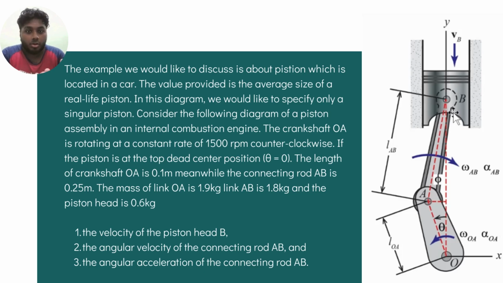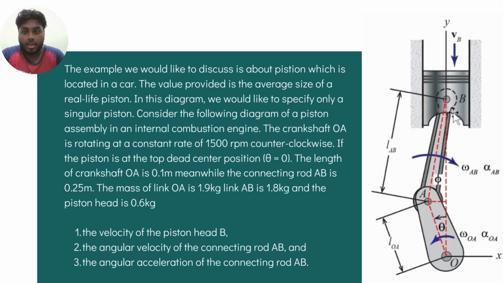So consider the following diagram on your right. It's a piston of an assembly in an internal combustion engine. The crankshaft OA is rotating at a constant rate of 1500 rotations per minute counterclockwise. If the piston is at the top dead center position where the angle is 0 degrees, the length of crankshaft OA is 0.1 meter.